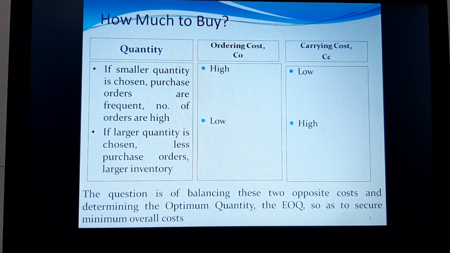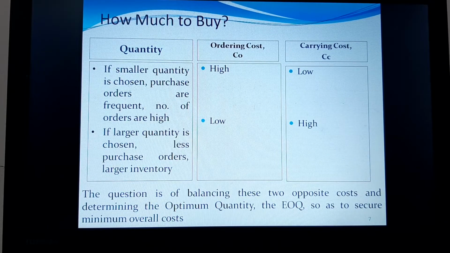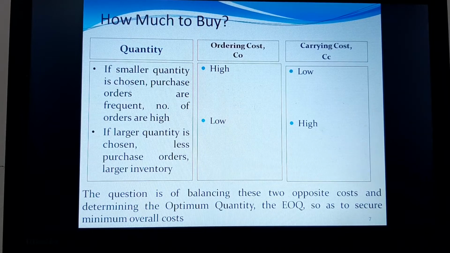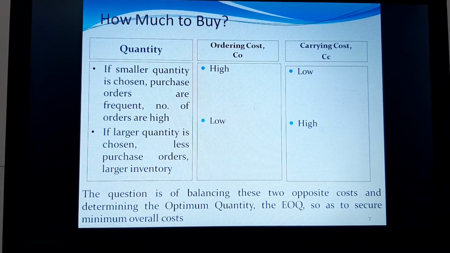Now, how to decide how much to buy? If there is a comparative study that you are supposed to do, of the costs, the ordering cost and carrying cost need to be considered the most. If the quantity chosen is very small, the purchase orders are frequent.